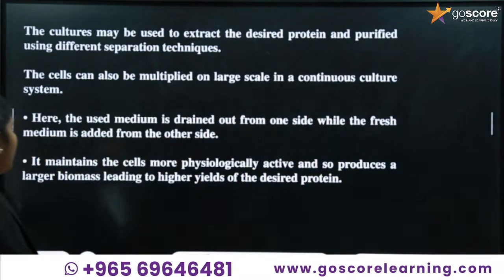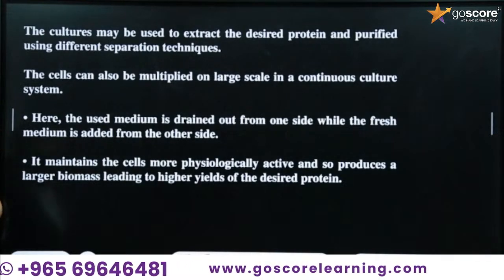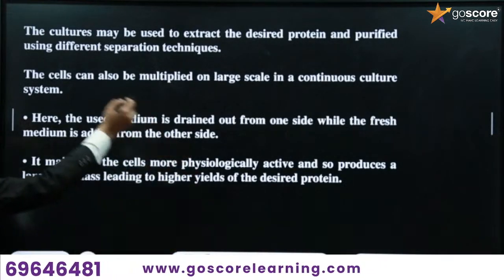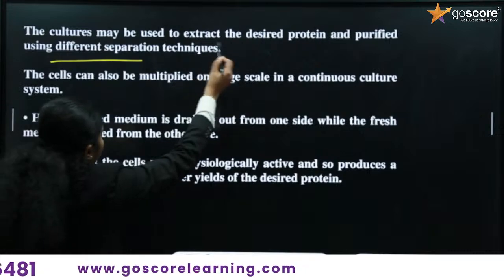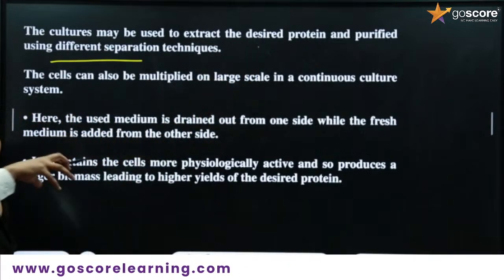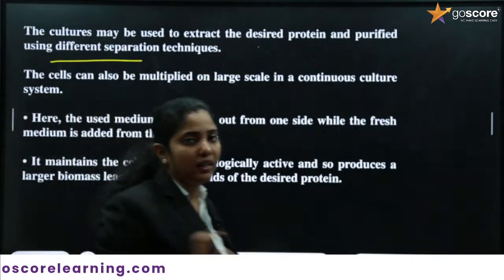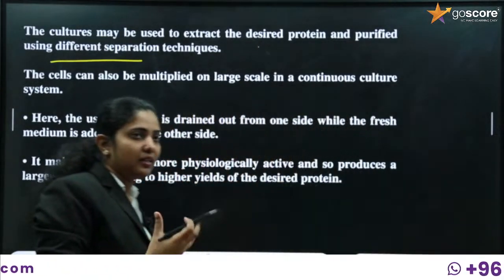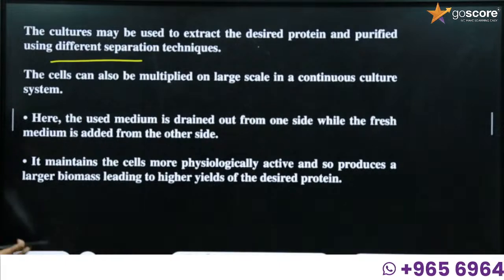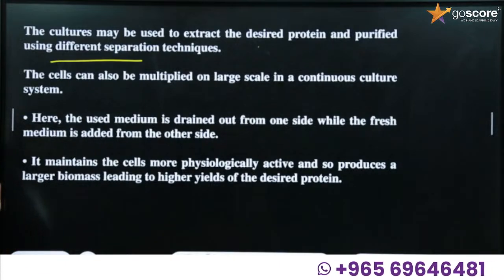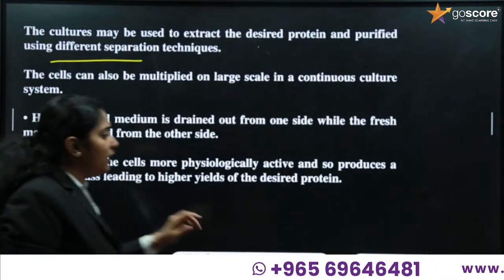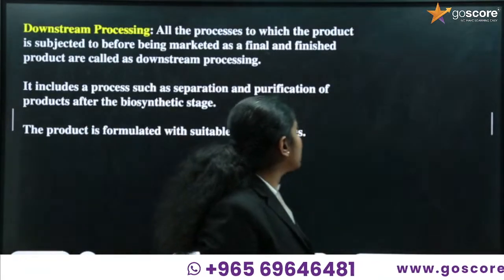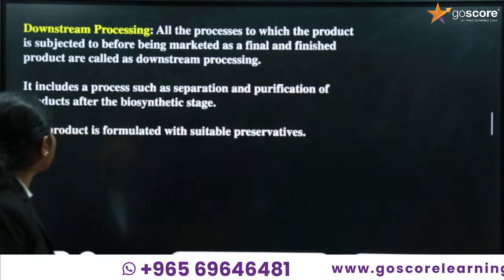Then the cultures may be used to extract the desired protein and purified using different separation techniques. Once the protein has been produced by the host organism, it can be isolated, separated, and marketed for the different processes. Let's move to the next one, that is downstream processing.